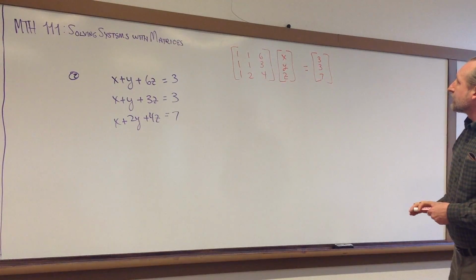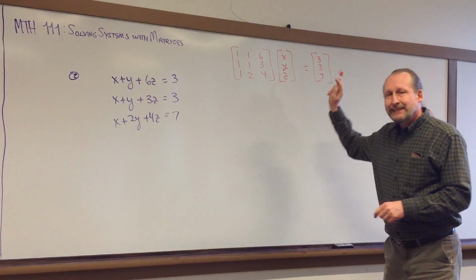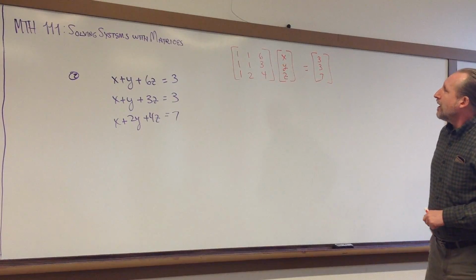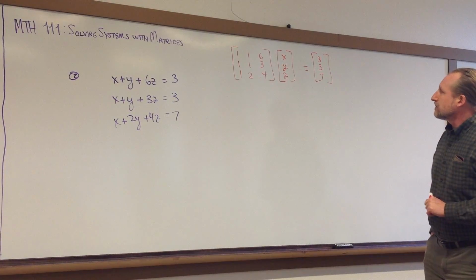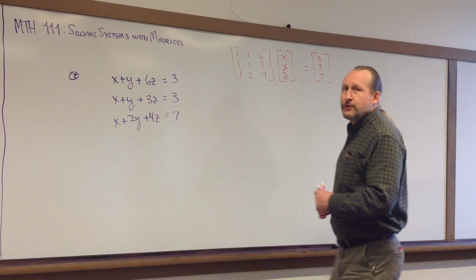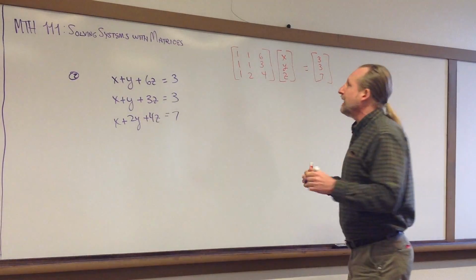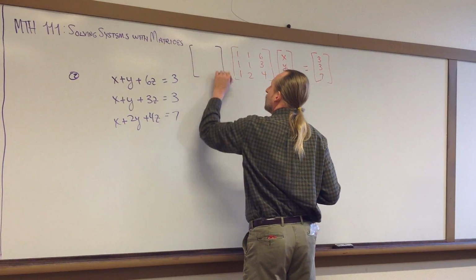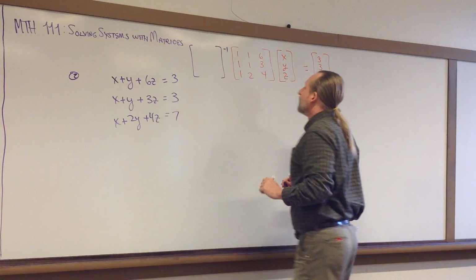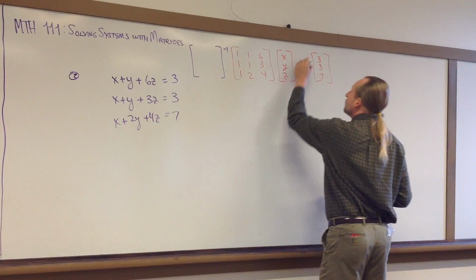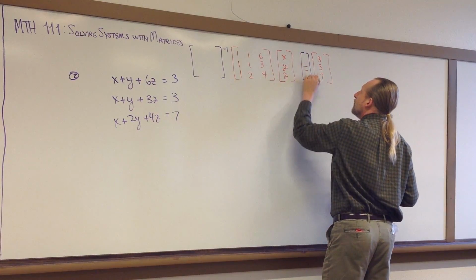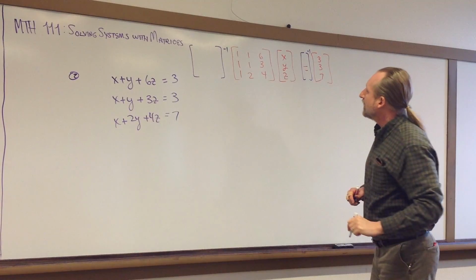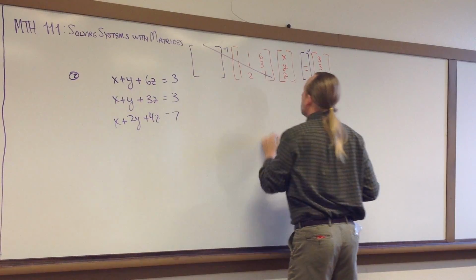Now, what's nice about this is that if we set this up using the calculator, okay, the process for doing this by hand is very complicated, but we don't have to worry about that. What we're going to do is multiply by the inverse of this matrix on both sides. These will cancel out.